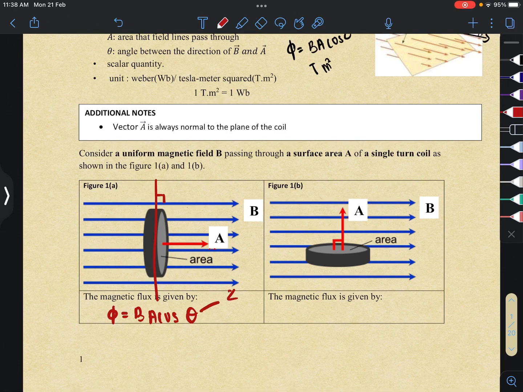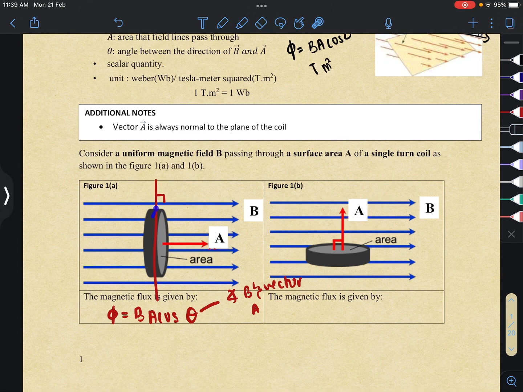Theta here is the angle between B and the vector of the area. So this perpendicular angle between the plane and B is not the theta that we want. The theta that we want is from the surface area, perpendicular to the surface, which is what we call the vector A.